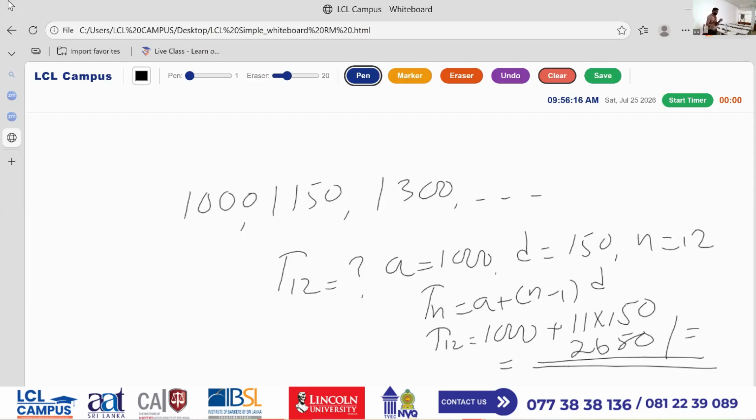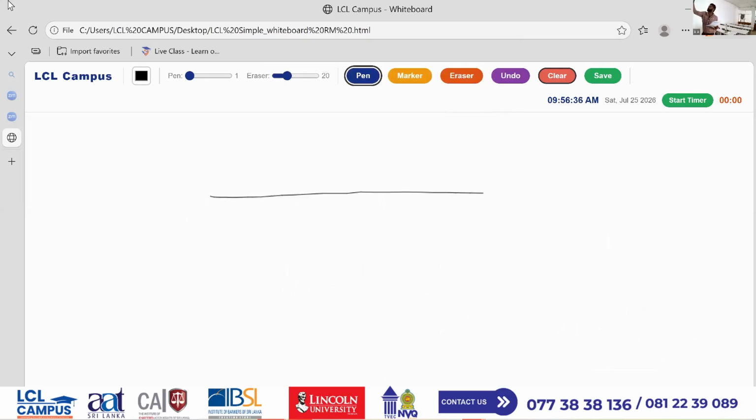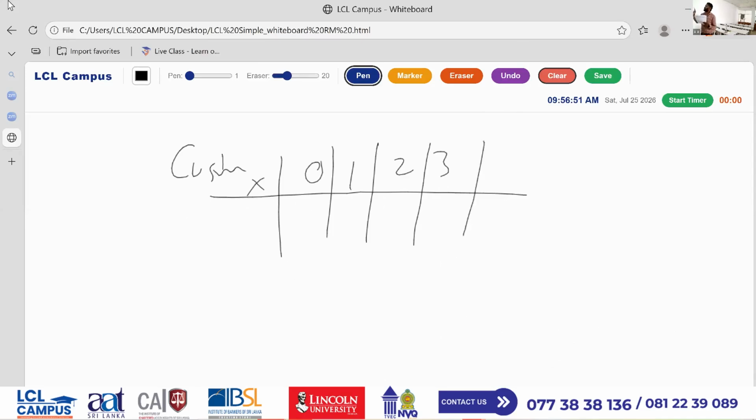1.13. The following table shows the probability distribution of the number of customers arriving at a small coffee shop during a 10 minute interval. Here X, the variable, is given as the number of customers: 0, 1, 2, 3, 4.